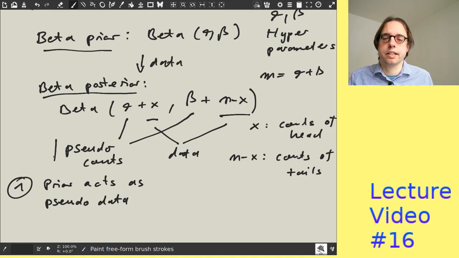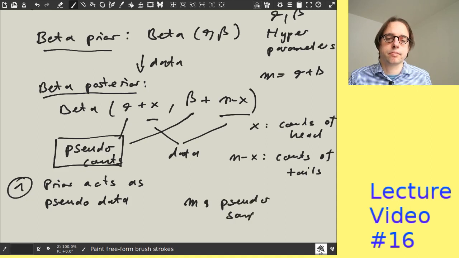They really are acting as data, and m, equaling alpha plus beta, is basically the pseudo sample size. So n is the actual sample size and m is the pseudo sample size implied by the beta prior.